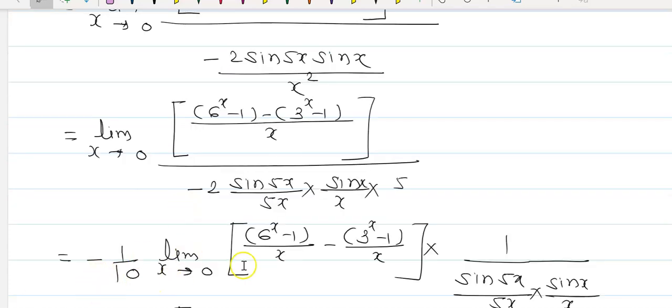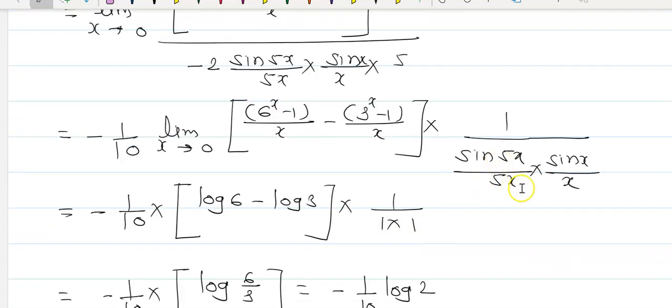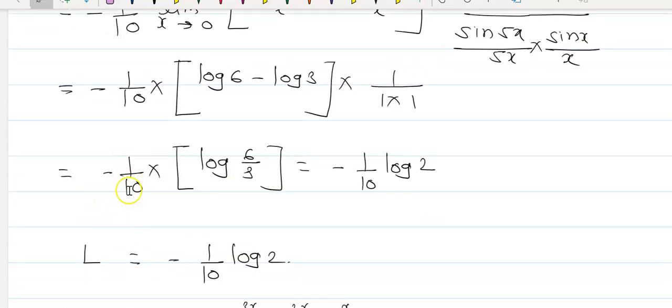Minus 1 upon 10, limit x tends to 0, in bracket 6 raised to x minus 1 upon x minus 3 raised to x minus 1 upon x into 1 upon sine of 5x upon 5x into sine of x upon x. The minus 1 upon 10 into log of 6 minus log of 3 into 1 upon 1 into 1. That is minus 1 upon 10 into log of 6 upon 3, minus 1 upon 10 log of 2. Therefore, L is equal to minus 1 upon 10 log of 2.